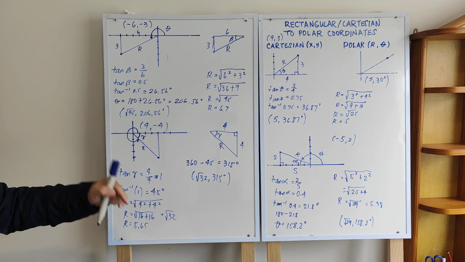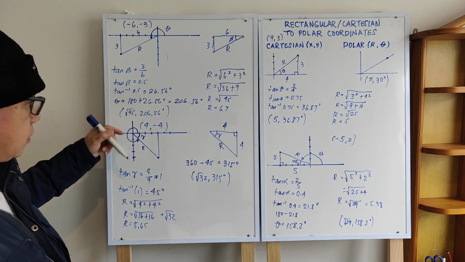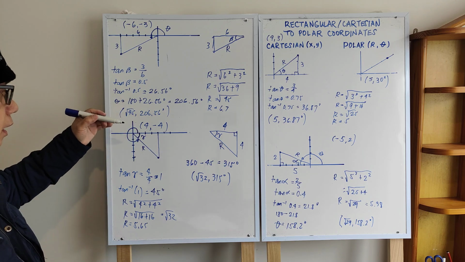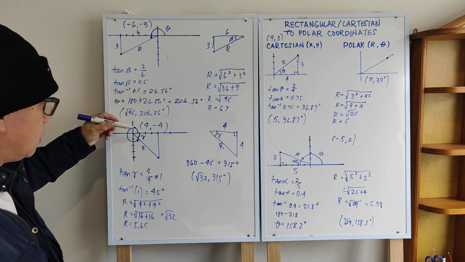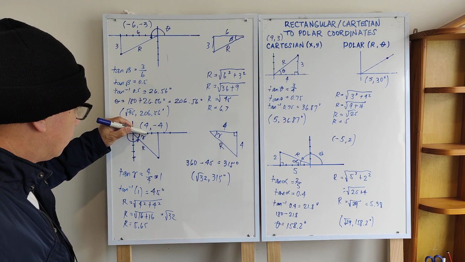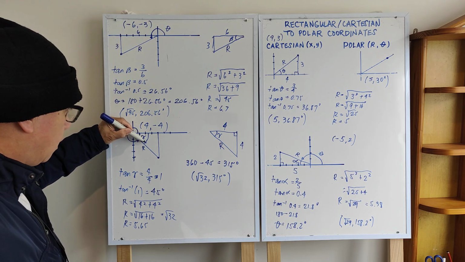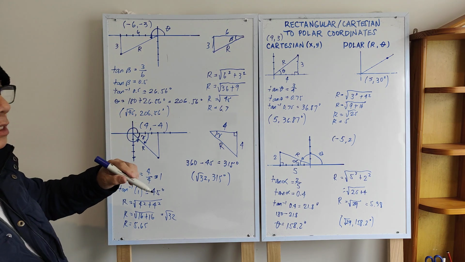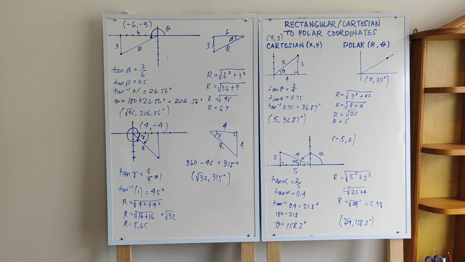Now, as I said, there's another option for an answer. In polar coordinates, we can also do a reverse rotation. We can use a reverse rotation from the polar axis, going this way, but we need to use the negative sign. So from here to here, we know that it's 45 degrees.